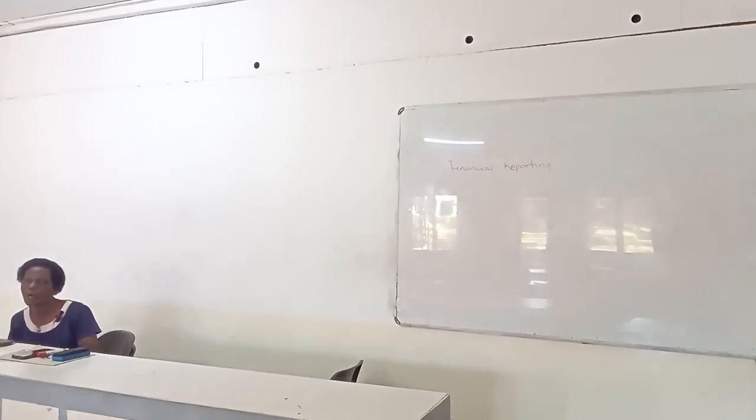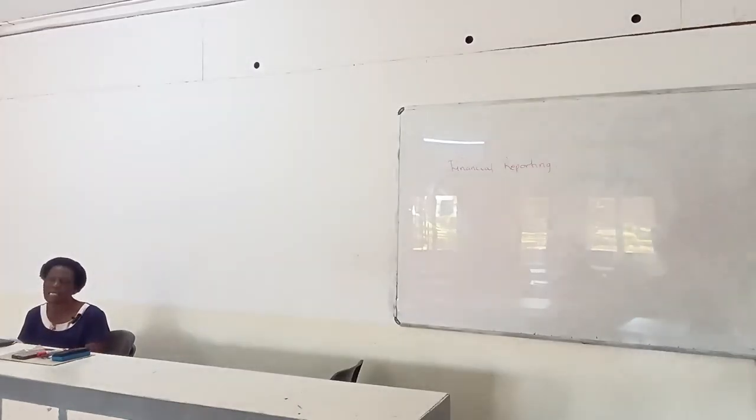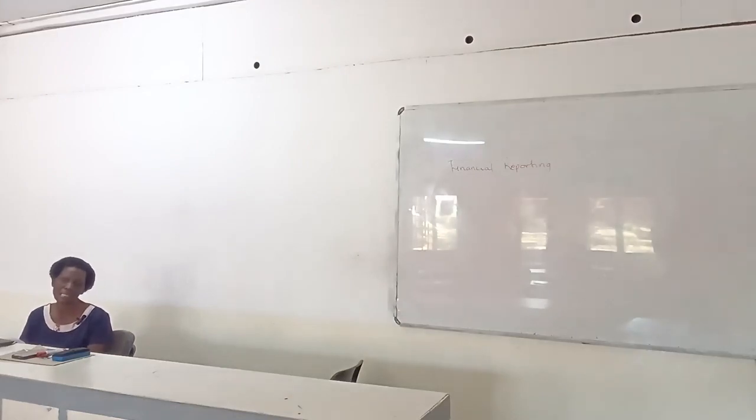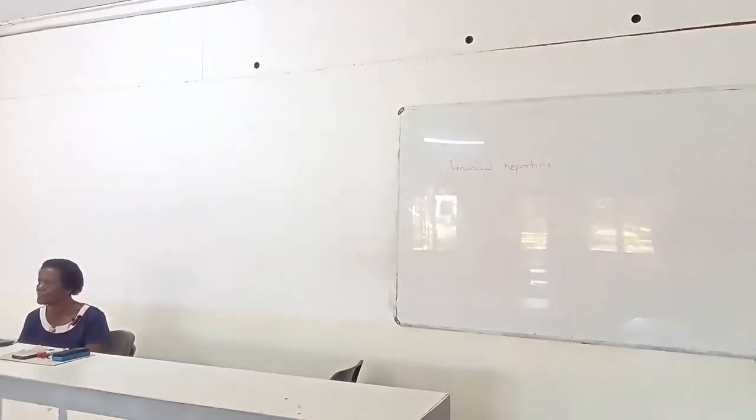Another question, why should the balance sheet balance between the assets and the liabilities? Always we balance, isn't it? Yes, why should they balance? It's a principle. It's a requirement.